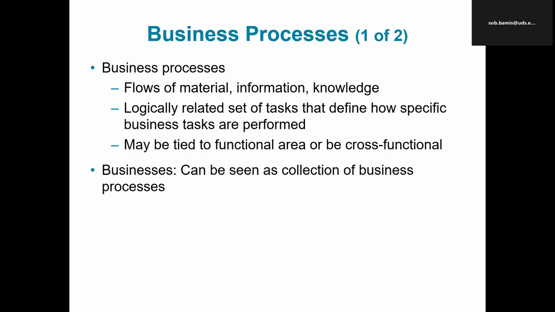Yes, so a business process mainly is how you conduct business where you are or in your organization. That's your business process. And we say that a business process can be functional or cross-functional. So let's look at why we say that it can be functional or cross-functional.